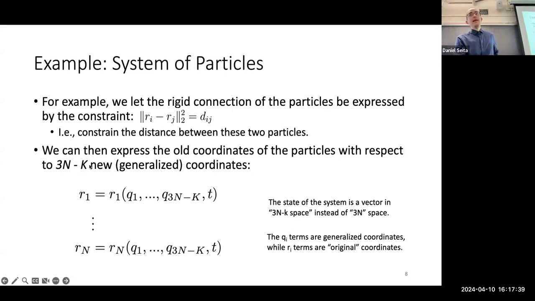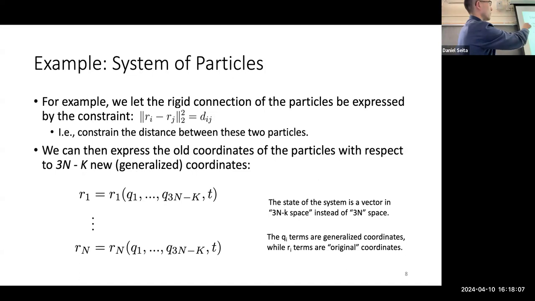So if there are k independent constraints, then you can use 3n minus k numbers to specify everything. And that's what this notation means. So this notation here is trying to describe the system in a different way.